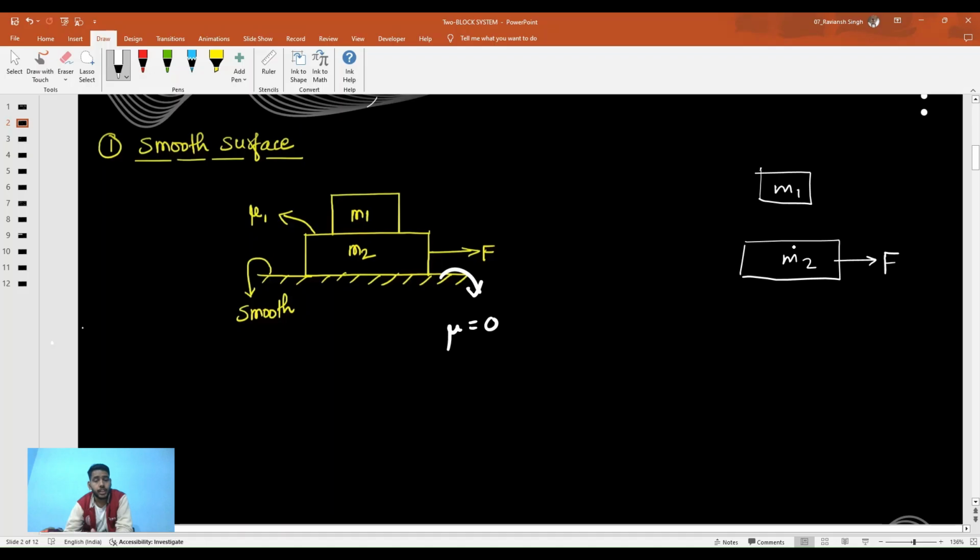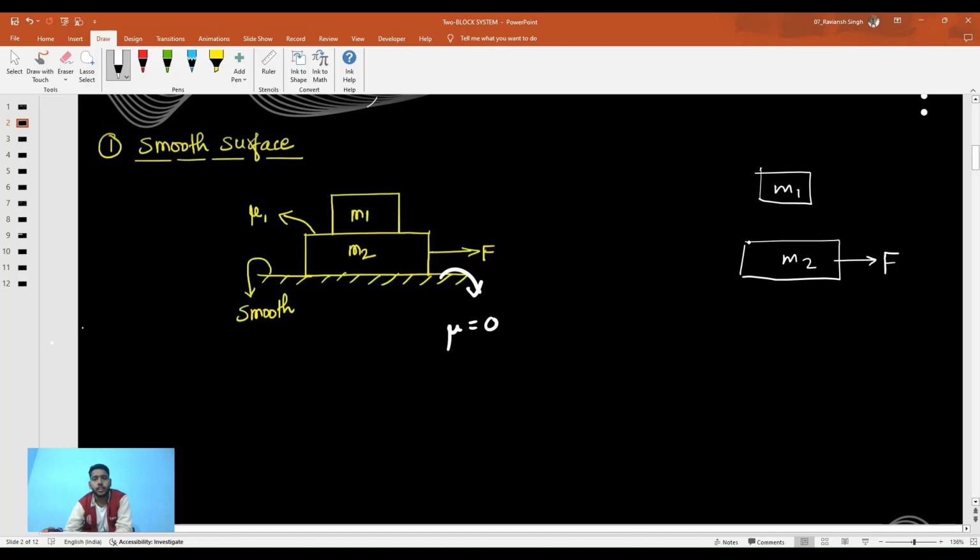So, friction has a very interesting tendency. It always opposes the cause of motion. Here, the motion will be like M2 wants to go this side, where M1 wants to stay due to inertia. So, between M1 and M2, M1 wants to stay so that it can go forward with the friction, but M2 wants to resist that.